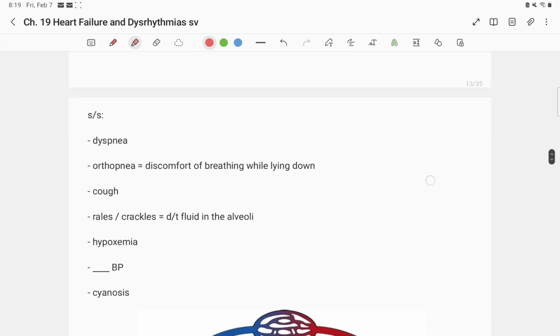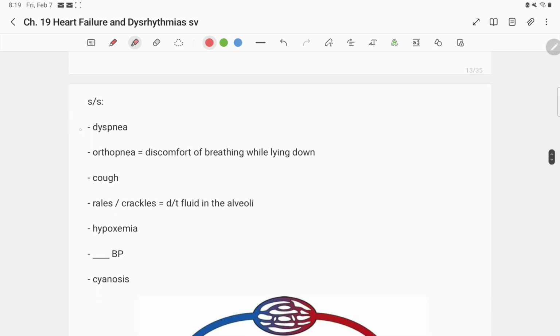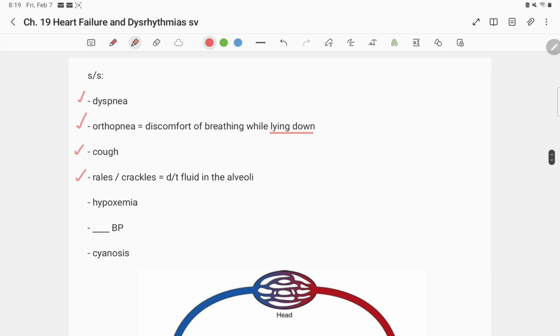Okay, signs and symptoms. Dyspnea, orthopnea, which is discomfort of breathing when lying down. Cough, rails and crackles due to fluid in the alveoli. So you would pick up on that sound with your stethoscope. So that means you're listening to lung sounds. So that's auscultation of the lungs.